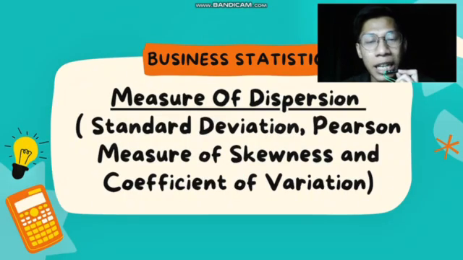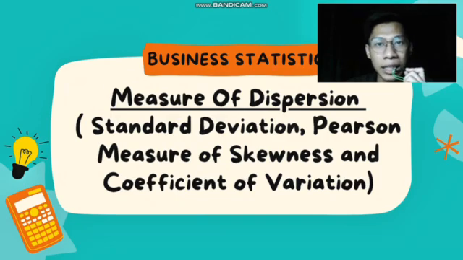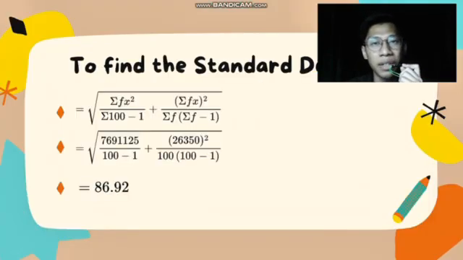So the next one is the topic of measure of dispersion, where in the measure of dispersion there is standard deviation, Pearson measure of skewness, and coefficient of variation. First of all, to find the standard deviation, we are using this formula, and the answer is 86.92.